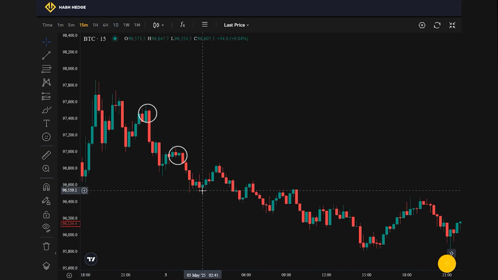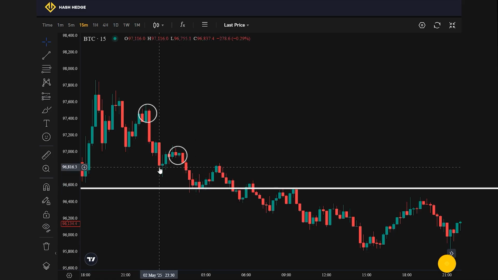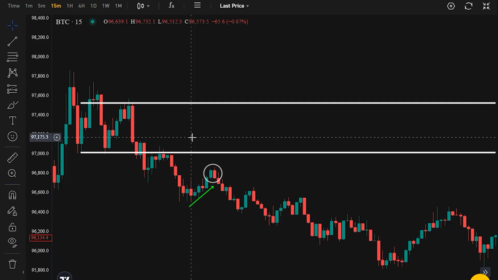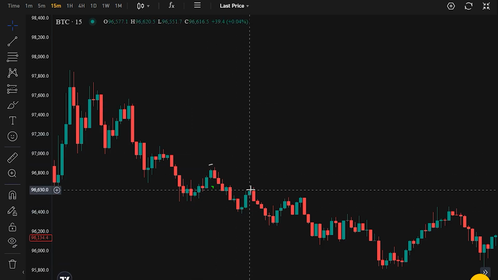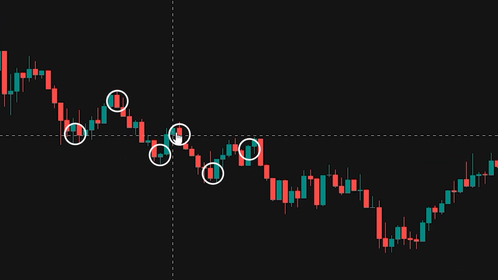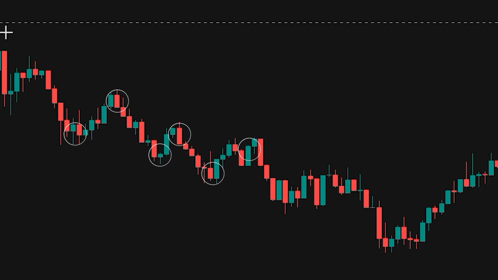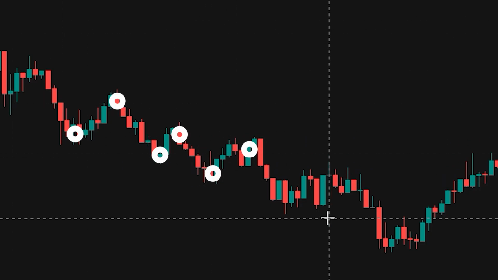Next, we have a continued decline, the trend continues, and we have a new local low that is lower than the previous local low. The chart bounces again, goes into correction, and the new local high is lower than the previous one and the previous two. And so on, we have a local low, a local high, a local low, a local high, and they are all lower than the previous value each time.